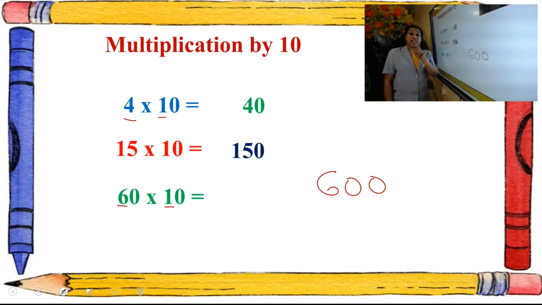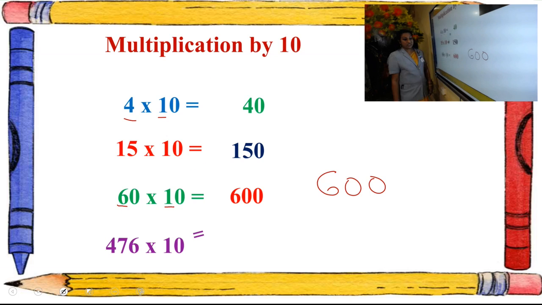Any number into 1 gives the same number, 60. Then insert 1 0. Or multiply the digits, 6 into 1 is 6, and count the number of zeros in the question. That is 2 zeros. So the answer is 600.